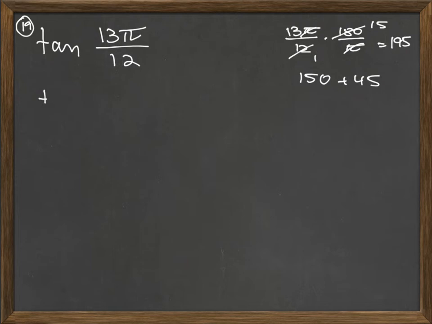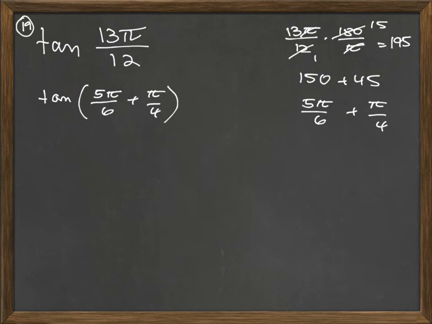What is 150 in terms of pi? 5 pi over 6. And 45 would be pi over 4. So what we have is the tangent of 5 pi over 6 plus pi over 4.